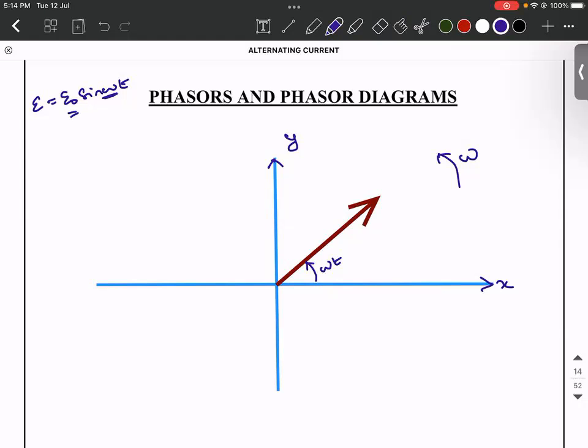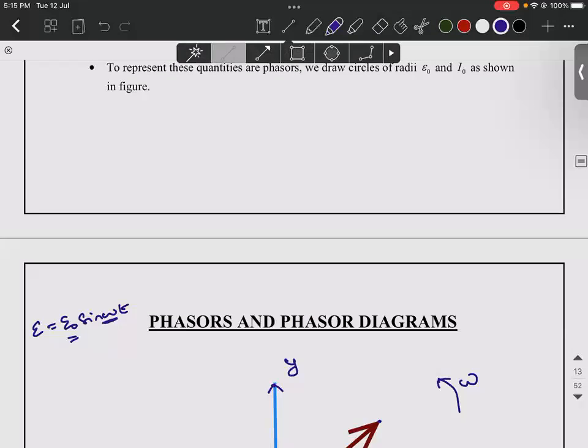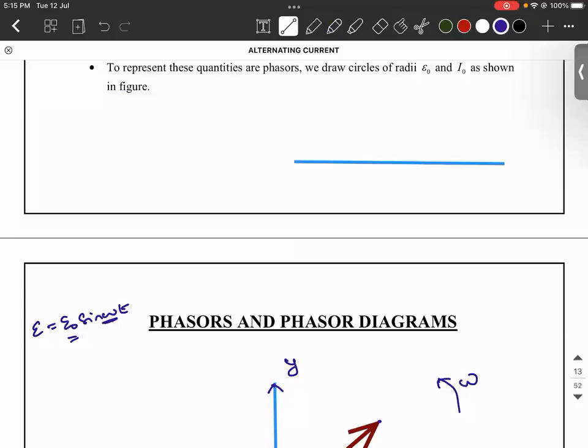So this rotating vector's length is how much? E naught. Now there is another important word used in the second point: the projection. The projection of what? The projection on the respective axis will give you the instantaneous value. Generally, projection is a mathematical term. Suppose I have a line like this.